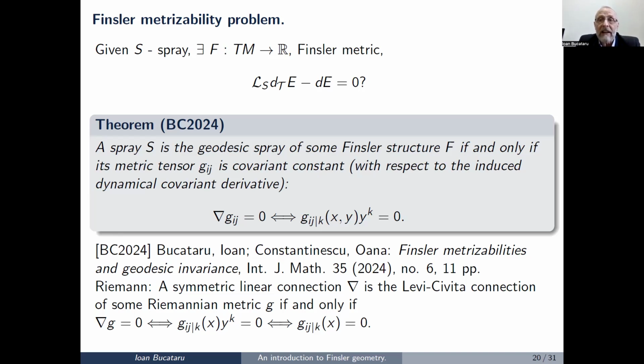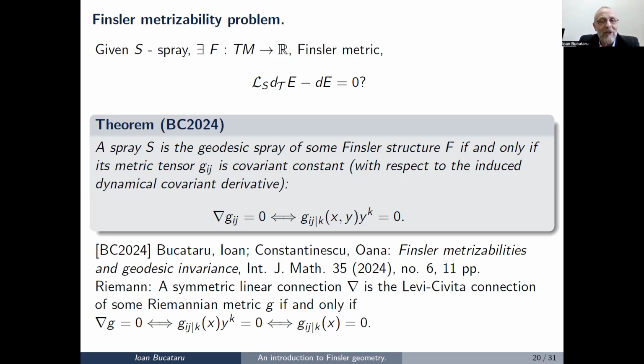In the Finslerian case, while in the Riemannian case you have for each metric one important connection, the Levi-Civita connection, symmetric and metric, in the Finslerian context there are more connections. Some of them are metric, some of them are not metric, some of them are symmetric, some of them are not symmetric, and so on.